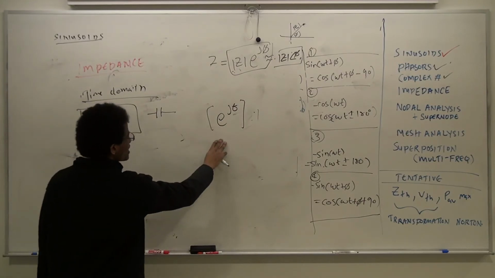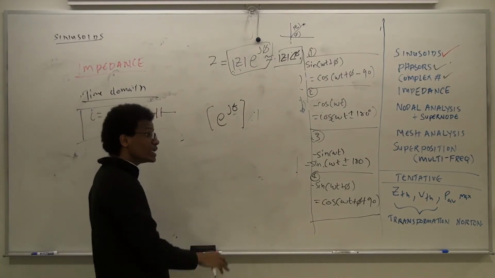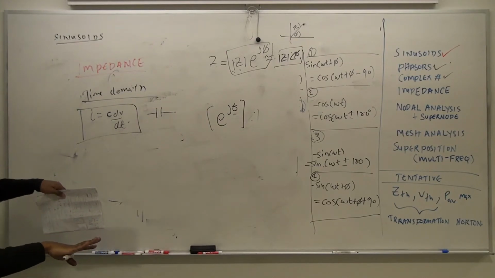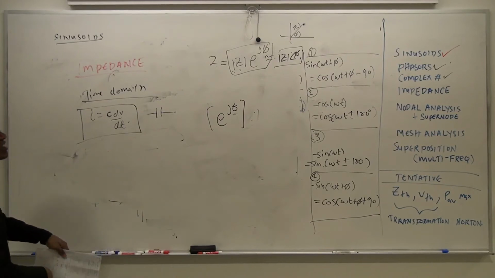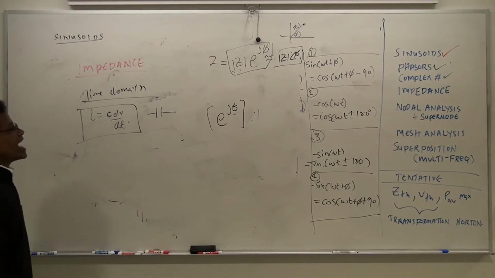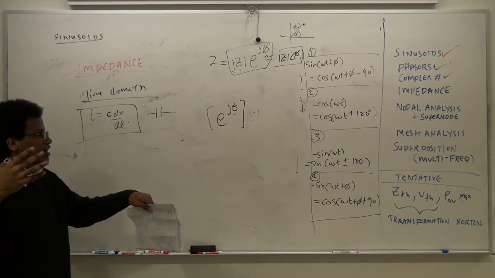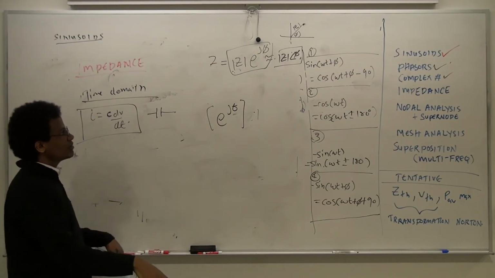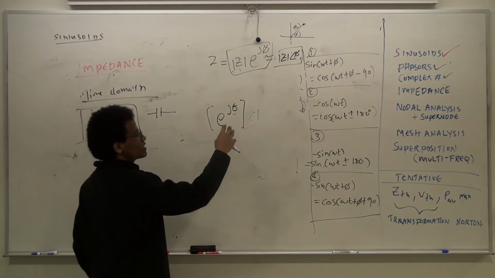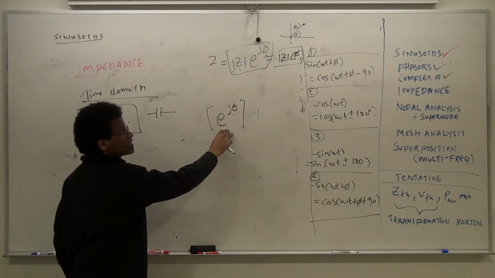In fact, e to the power j theta satisfies any complicated differential equation of a complicated circuit under AC with sinusoids as its input. It's the reason we call it steady state analysis, because there's also a transient solution that satisfies it, but it decays with time, and we ignore it because only the steady state dominates the circuit after some period in time. That's why we use e to the power j omega as a basis function.